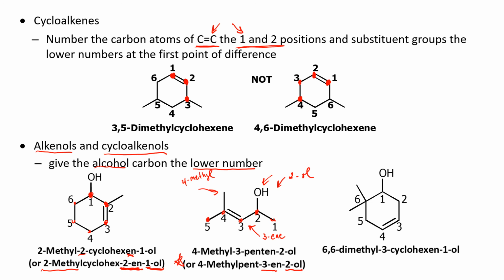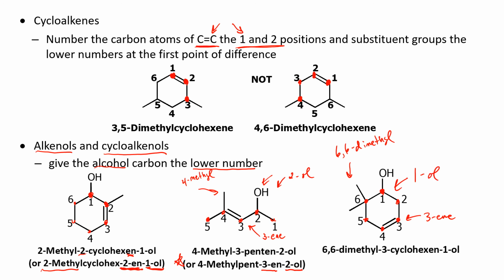For the next one, remember our cyclic molecules that have an OH group have to have the OH group with the locant number 1. And then we want to give our alkene the next possible lowest number, 1, 2, 3. We number through the alkene. 6. We've got a 6,6-dimethyl, a 3-ene, and we've got a 1-ol.